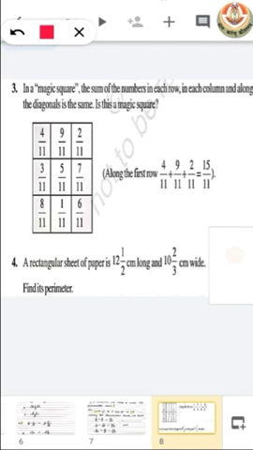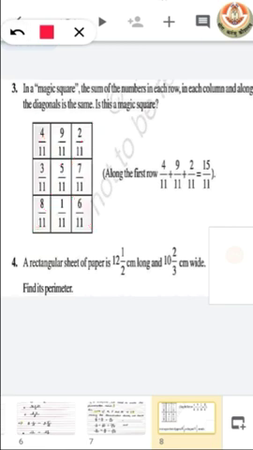The sum of numbers in each row and in each column, and also along the diagonal, when their sum is equal, meaning the sum of all three rows is equal and the sum of all three columns is equal and the sum of the diagonals is equal, so it will be a magic square.